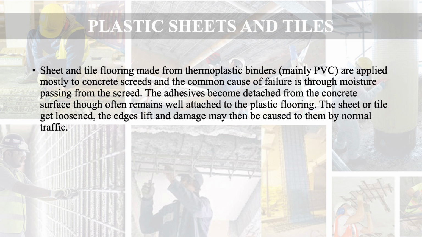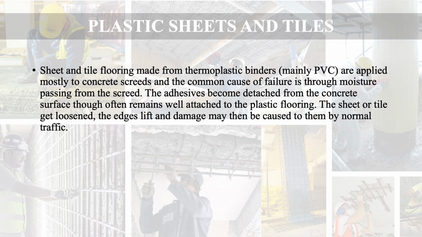Sheet and tile flooring made from thermoplastic binders, mainly PVC, are applied mostly to concrete screeds, and the common cause of failure is moisture passing from the screed. The adhesives become detached from the concrete surface, though often remain well attached to the plastic flooring.